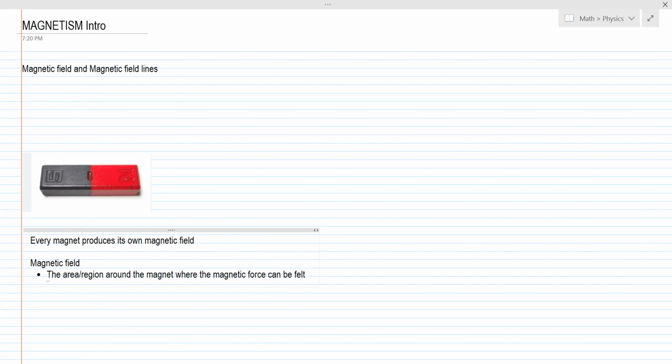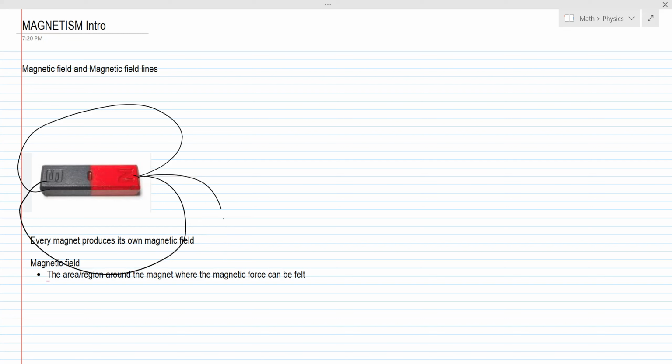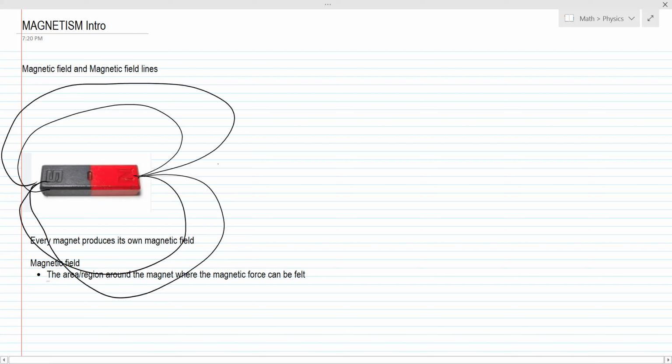So the magnetic field is the area around this magnet, where the magnetic force can be felt.